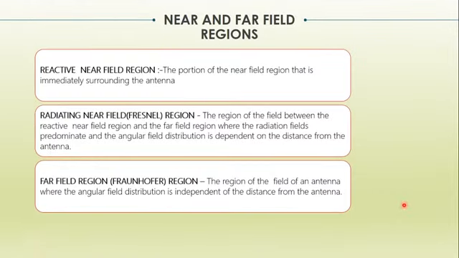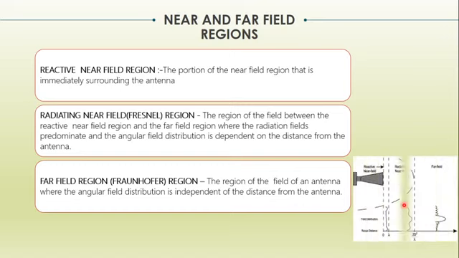Now let us have a short glimpse of the reactive near field region and the far field region. The reactive near field region is the region immediately surrounding the antenna, where the antenna is highly reactive in nature. So the reactive component, jX, is very much predominant in this region.